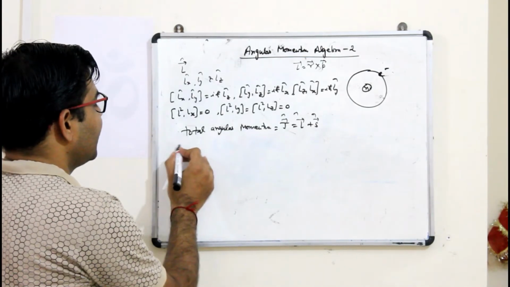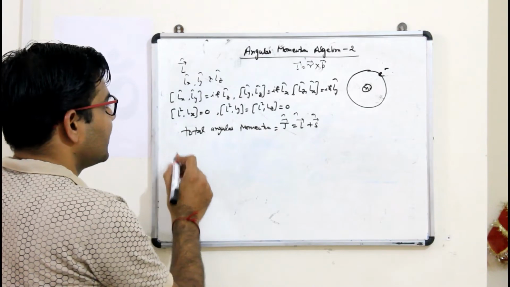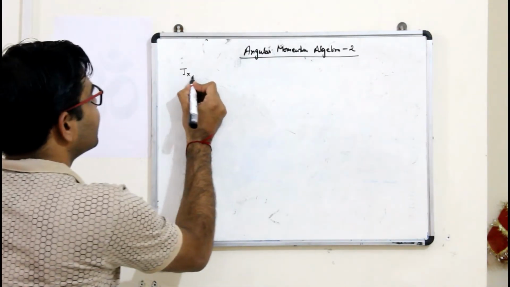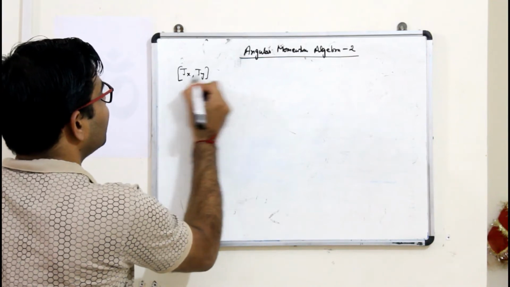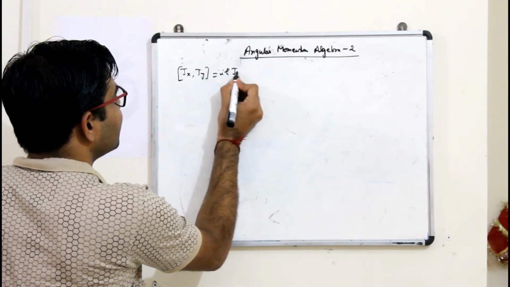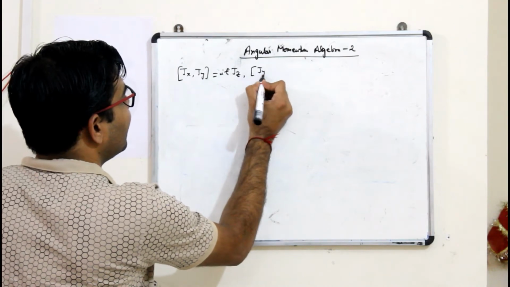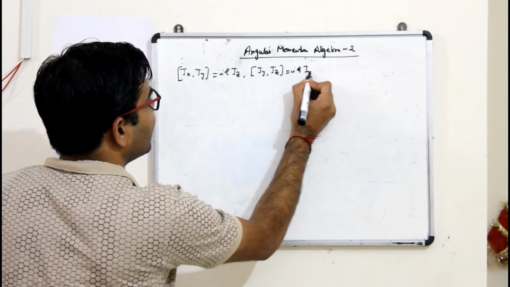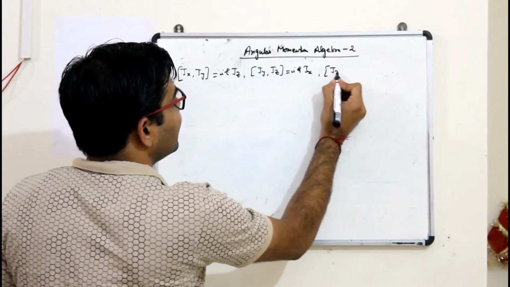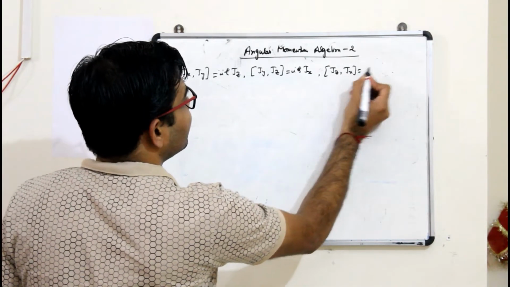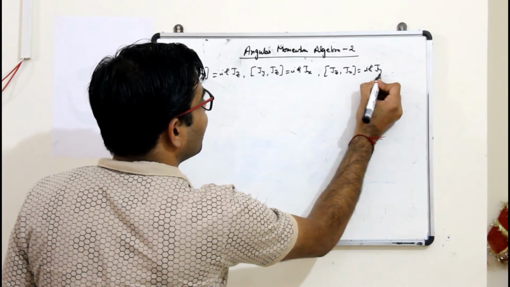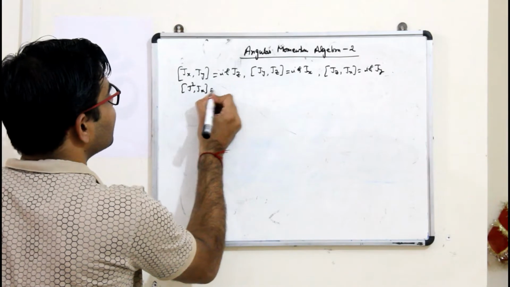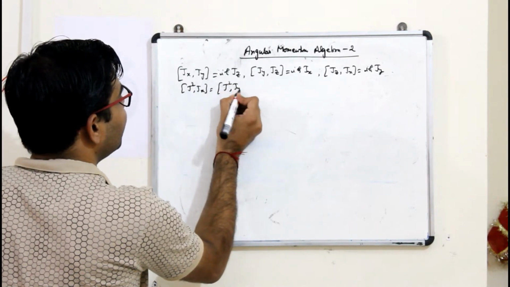So we can rewrite this whole set of relations in terms of J. So the commutator of Jx and Jy is iħ Jz, the commutator of Jy and Jz is iħ Jx, the commutator of Jz and Jx is iħ Jy, and similarly J square commutes with Jx, Jy, and Jz.